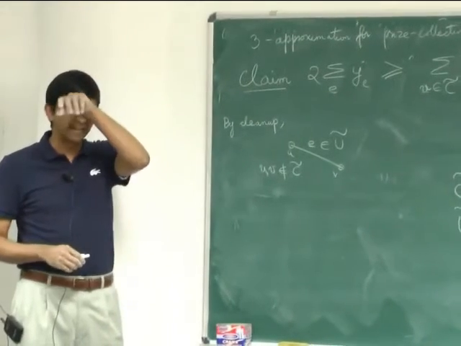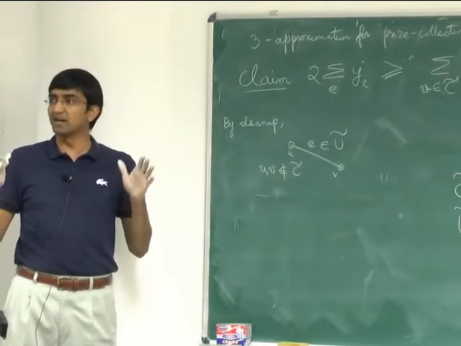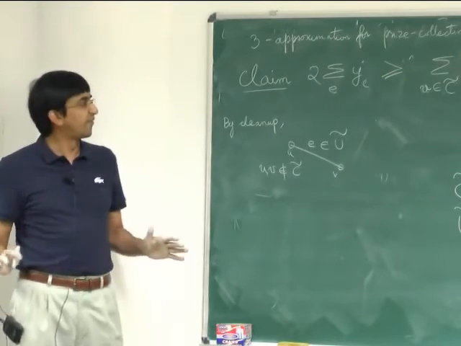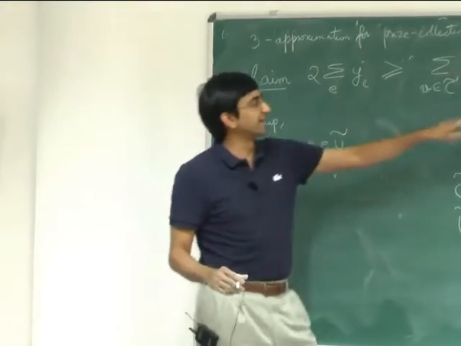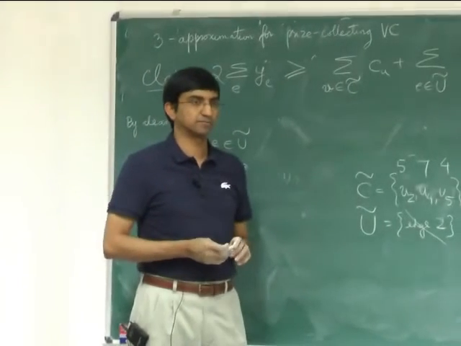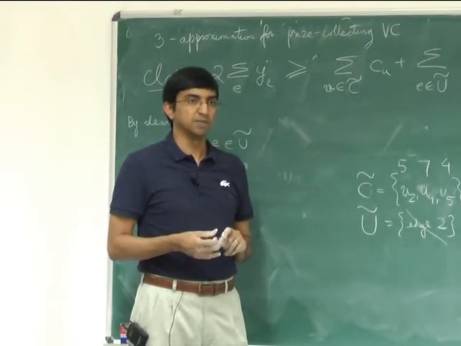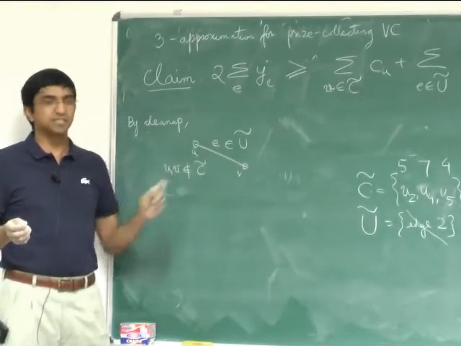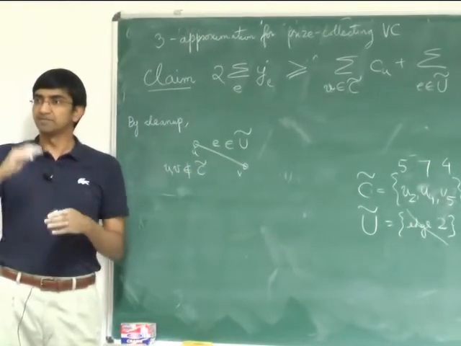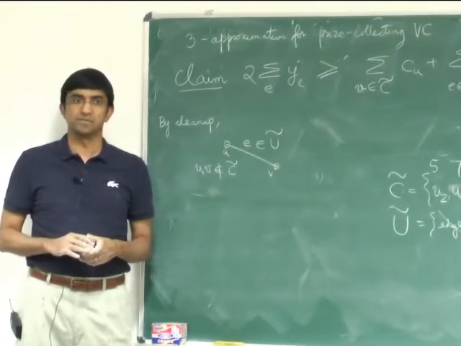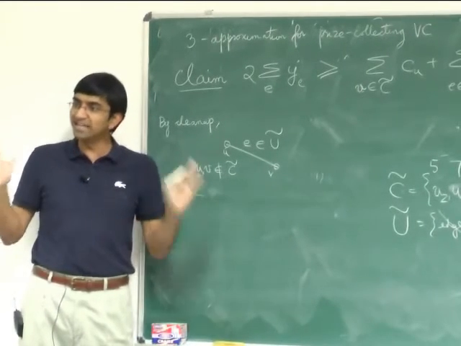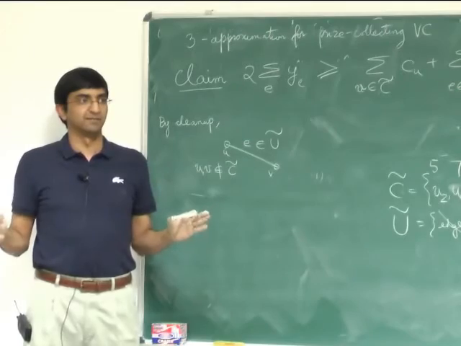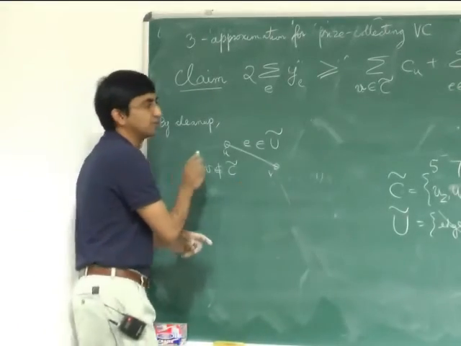Now let's ask ourselves, how much money are we paying for all the U tilde guys? Well, who made that edge become tight? Only itself. None of the neighbors contribute to this constraint.